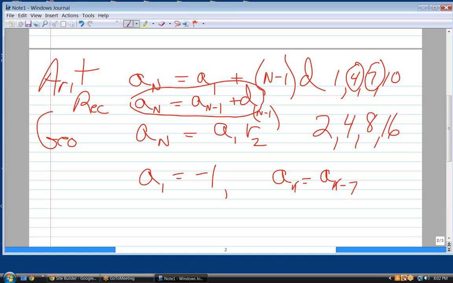Whoa, I got lost somewhere. A sub 1 equals -1. And what else? Then it's comma, a sub k plus 1 equals a sub k minus 7. And this is an arithmetic series or geometric? It doesn't say.